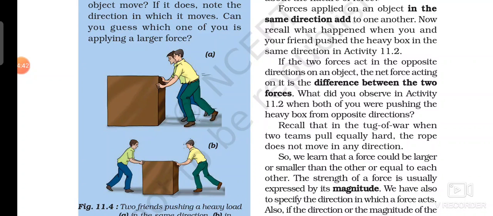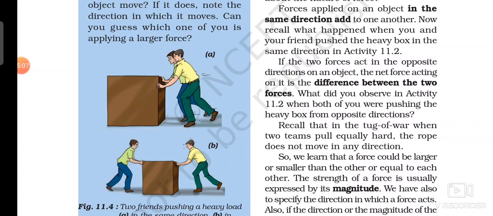But in the second figure, if the force applied by both the people is in opposite direction, then the net force will be the difference of their forces. मतलब वो बॉक्स कितना मूव करेगा, that is the difference of the force applied by both of them.